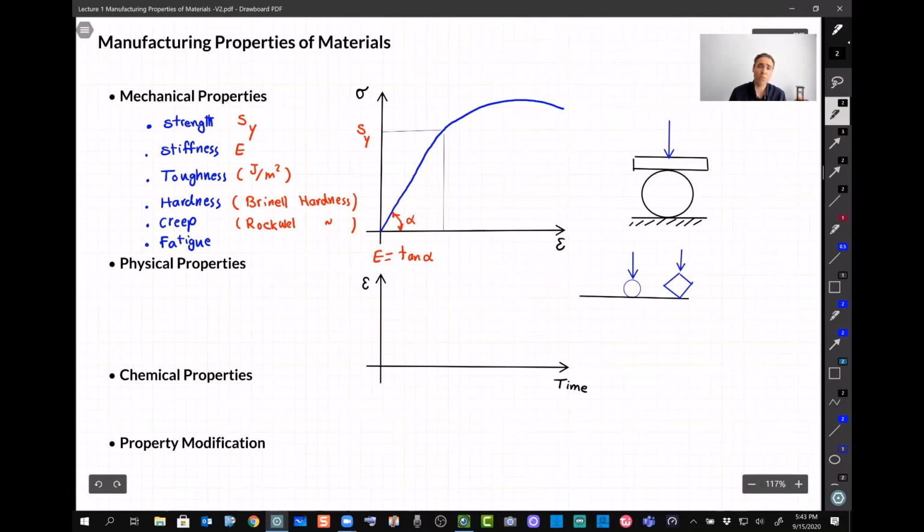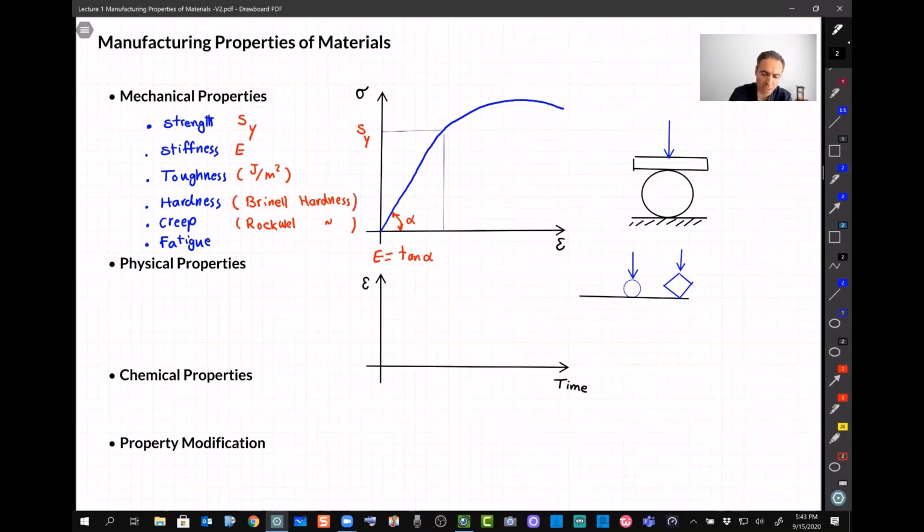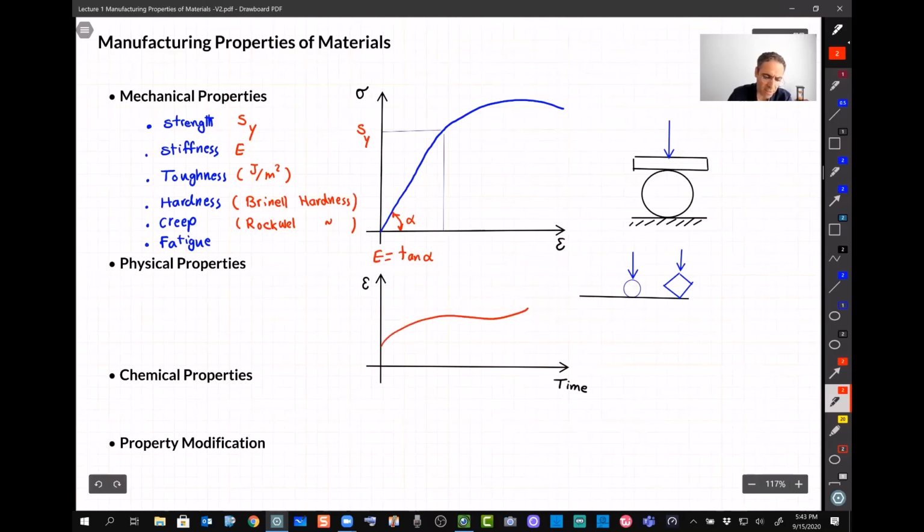Our goal here is to see over time how much the material is going to creep. And it's going to be a graph like that until it ruptures and breaks at some point. So at the beginning, when time is 0, when we apply the initial load, of course, it's going to have some deformation. Over time, it slowly becomes weaker and deforms more.